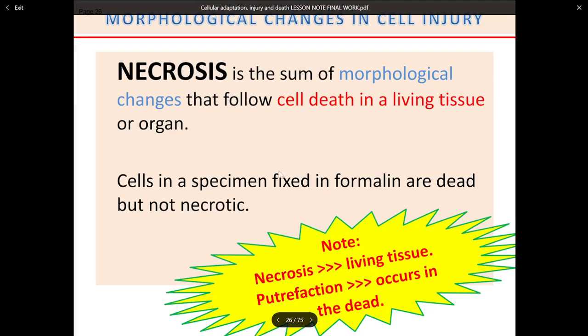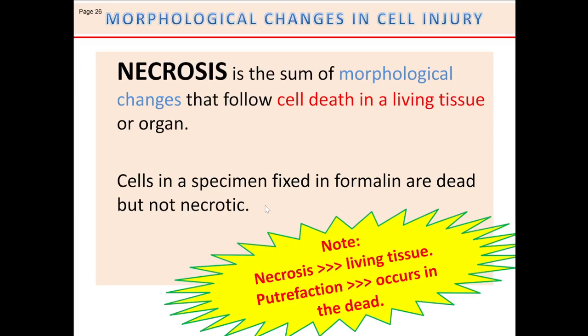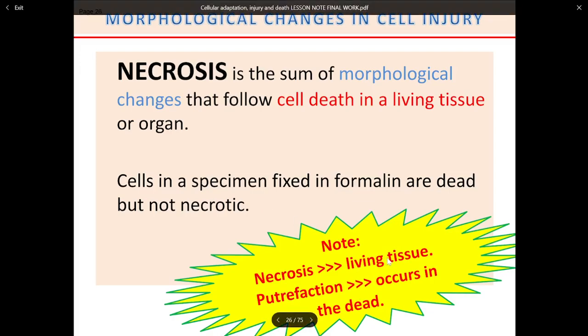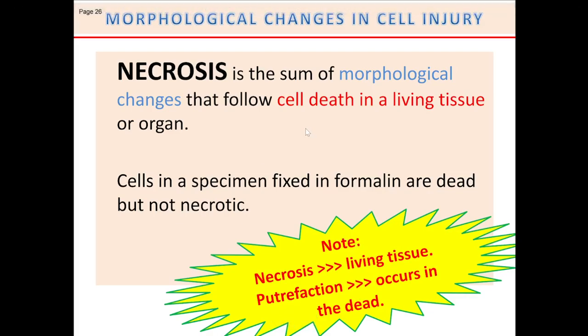Cells in a specimen fixed in formalin are dead but not necrotic, right? So essentially, what this page is saying is necrosis occurs in living tissue, while putrefaction occurs in the dead. So necrosis is the sum of morphological changes that follow cell death.